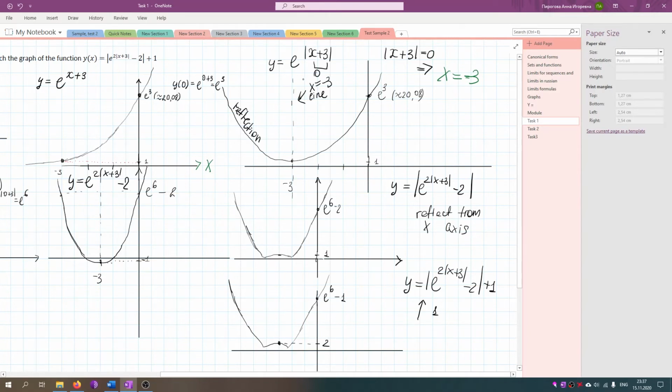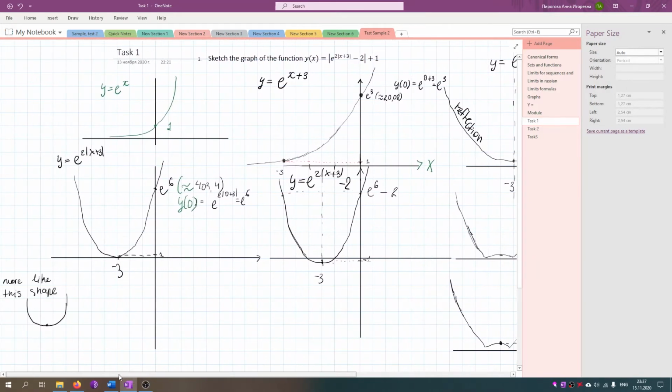Here is our line, here is our graph, and it is the point of intersection, and now we just reflect the graph, and it will be the result.